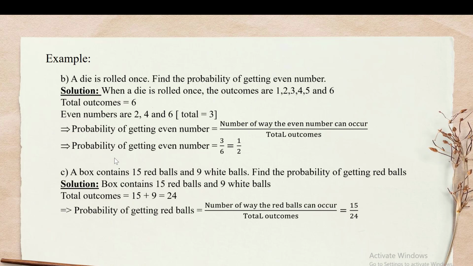Probability of getting a red ball equals the number of ways a red ball can occur by total outcomes, equal to 15 by 24. Probability of getting a red ball equals 5 by 8.